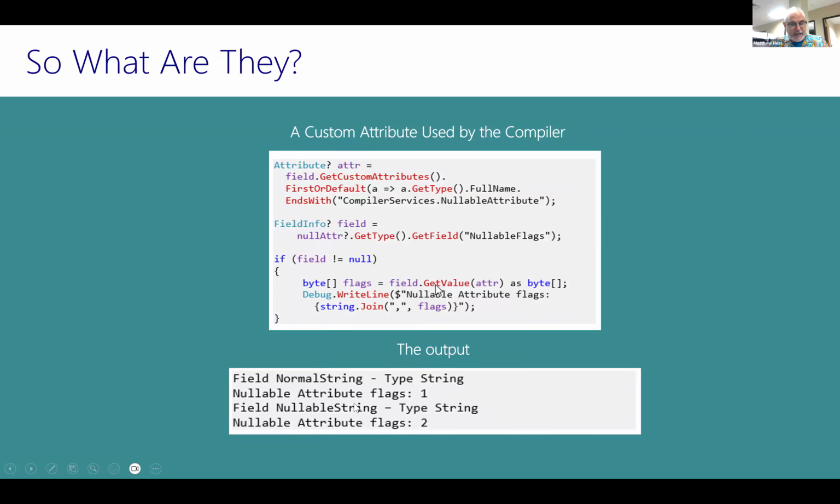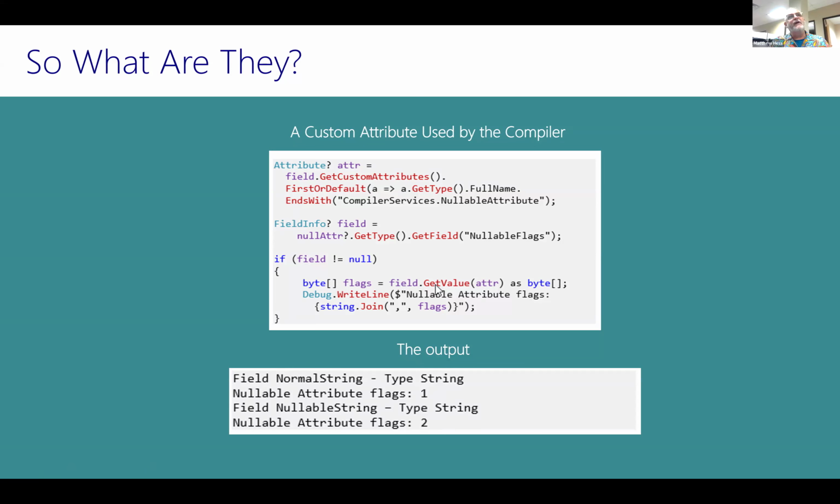And the nullable string has type string and a nullable attribute flags value of 2. So that's all it's doing. It's like putting this little bit flag in the metadata for the type. And with that in hand, the C# compiler can work its magic.